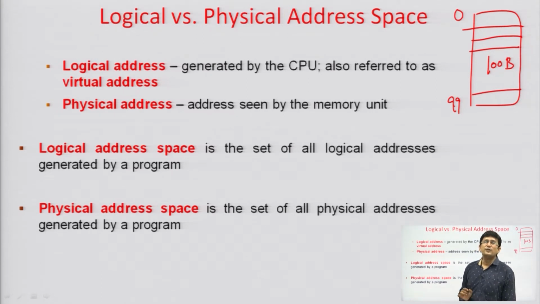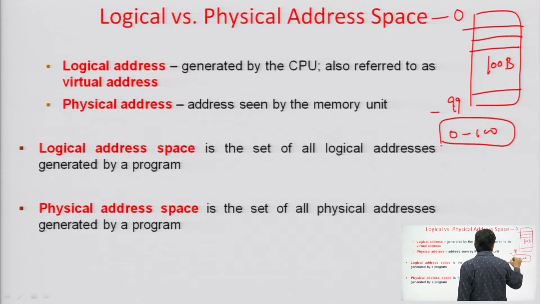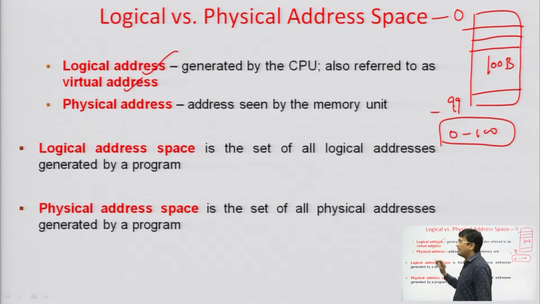Any address between 0 and 99 is a logical address for this process, and the space of addresses 0 to 99 is called the logical address space. We sometimes call it the virtual address as well.